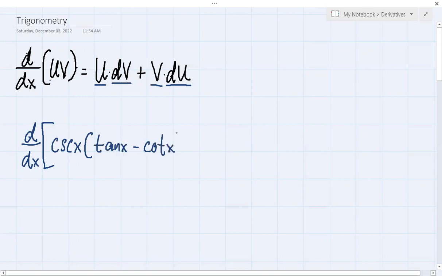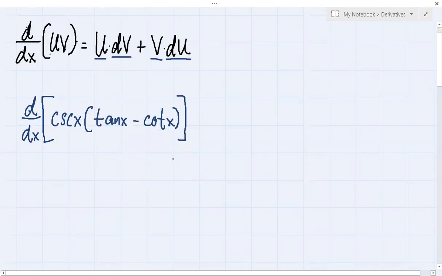So medyo mahaba pero worth it of a try. Or worth of a try pala, sorry, sa grammar. Okay, so pick which one is your U, which one is your V. So for me, I'm going to pick U as cosecant x. Then si V, yun yung nakaparenthesis, which is si tangent x minus cotangent x.